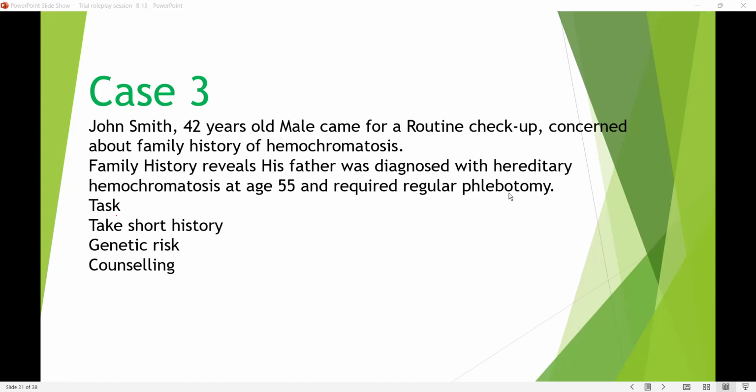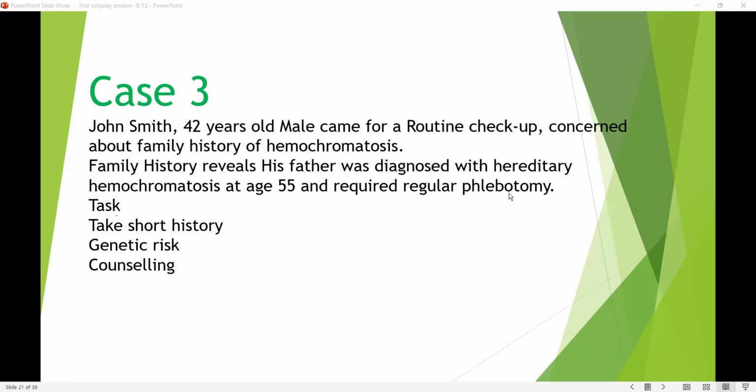No, doctor. or if she was ever tested? I don't know. Okay, and do you have siblings? Yes, doctor. How many siblings do you have? 2. Okay. So basically, we'll arrange some tests to test your genes.